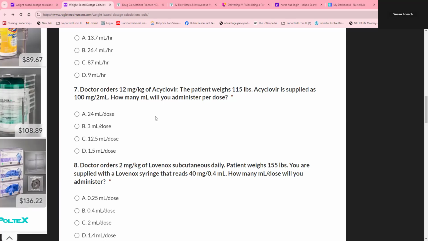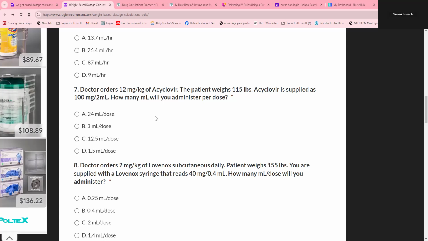You just calculated your desired dose, and the formula when you're given a dose is desired over have, right? Sometimes these are just going to ask you to calculate how many milligrams you're going to give, and we just did that. Now it's asking you, based on that dosage you just calculated, if you had 100 milligrams per 2 mL, how much would you give to give that dose?